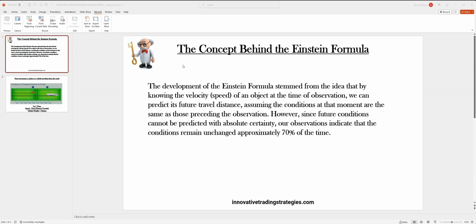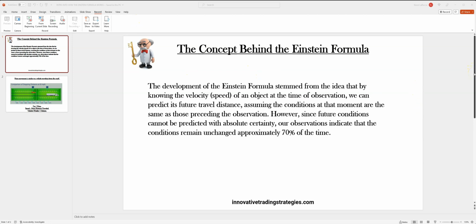I know it may be a little confusing, but you really may have to read it several times to think about what we're saying here. However, since future conditions cannot be predicted with absolute certainty, our observations indicate that the conditions remain unchanged approximately 70% and greater.